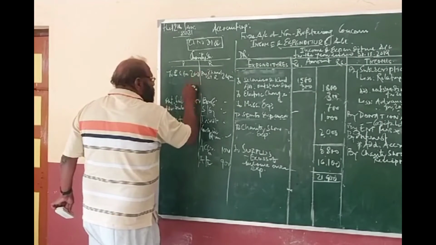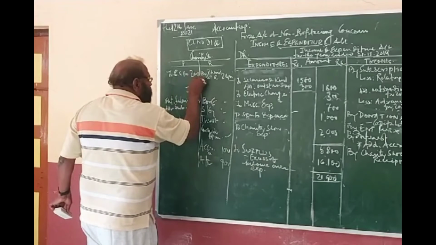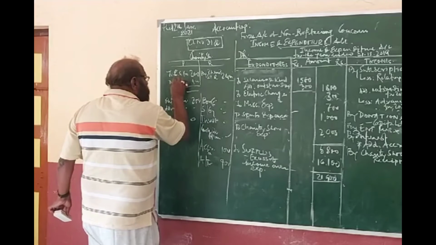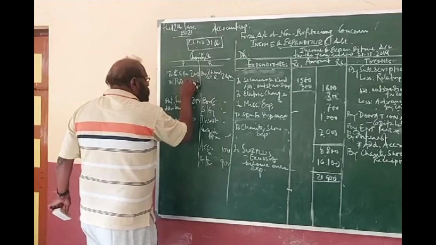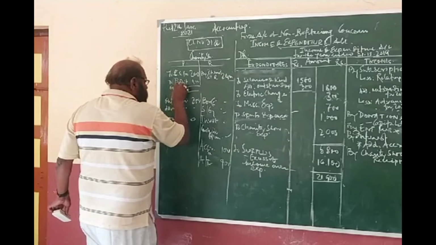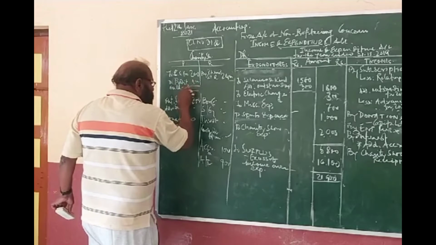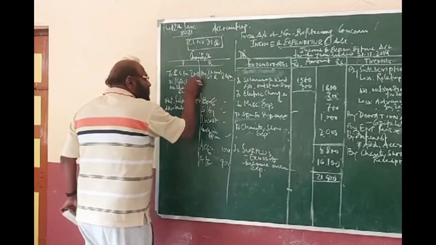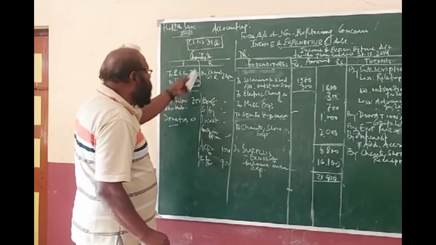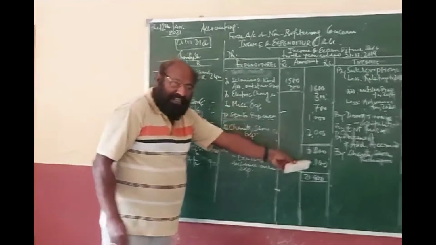Now how much have you gained? Rupees 400, profit on charity show. And that 400 you should transfer to income and expenditure.